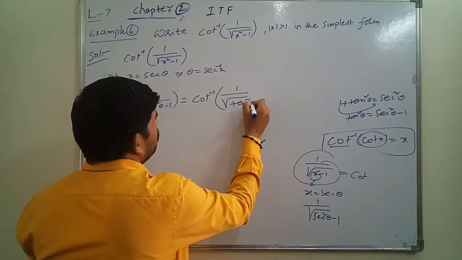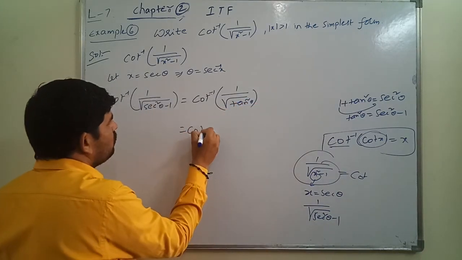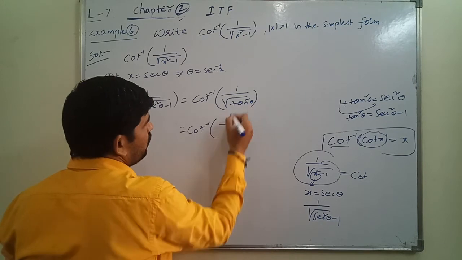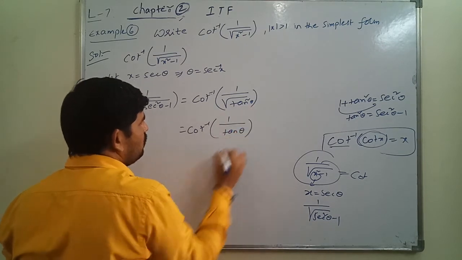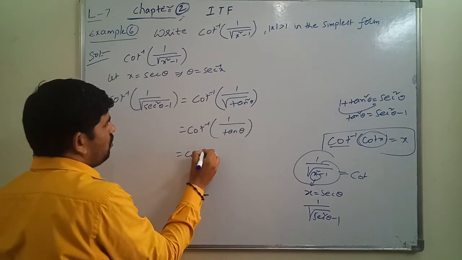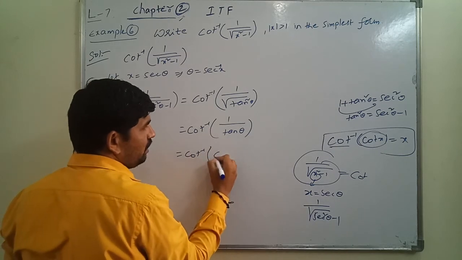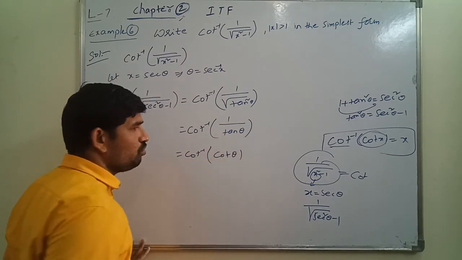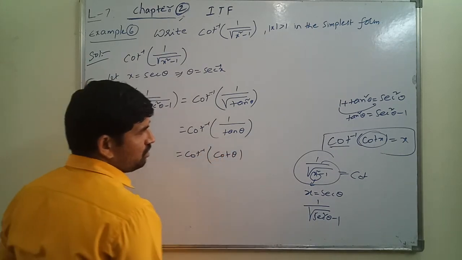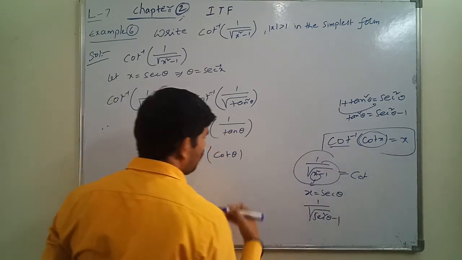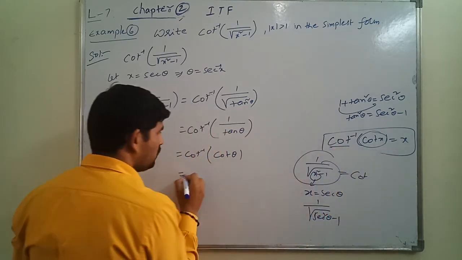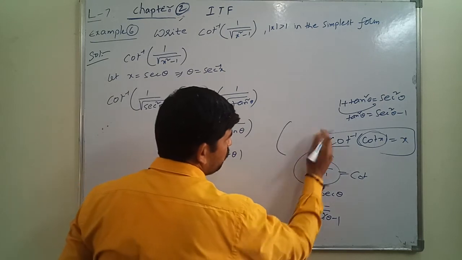Next, cot inverse of 1 by, the square root gets cancelled, it is tan theta. Cot inverse of 1 by tan can be written as cot, since tan theta is equal to 1 by cot. So finally we got cot inverse of cot theta, or cot inverse of cot x. So it is nothing but x. All of you write this formula here.